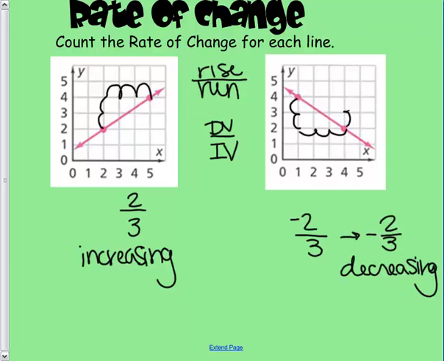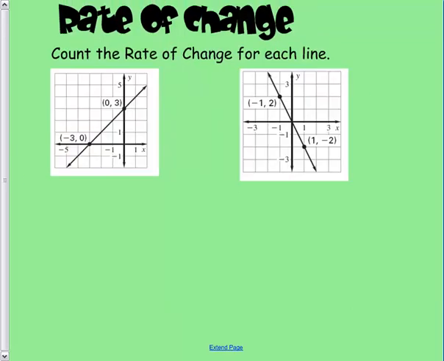It's going up 2, but it's going back 1, 2, 3. So it would still be a negative 2/3. It doesn't matter which point you start with. From 4 to 1, that's going down, so it's a negative.